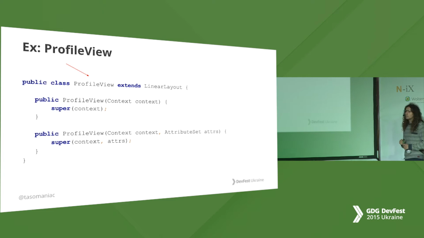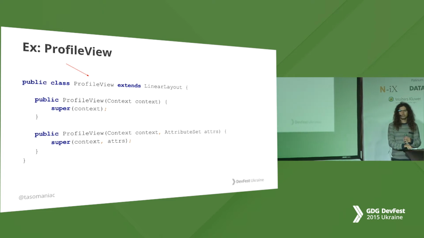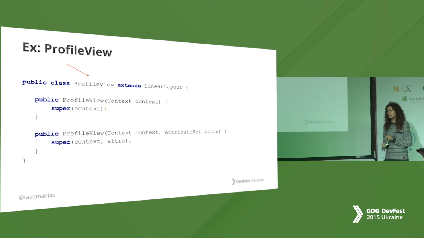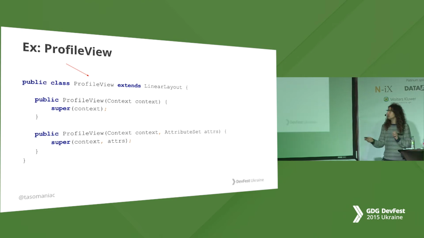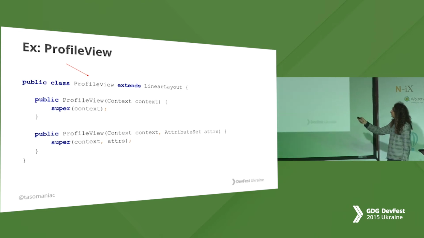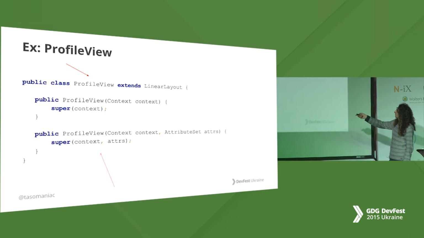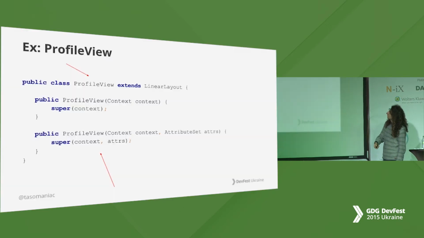And you must have constructors when you have custom views. Android Studio actually forces you to have constructors. The first constructor you should have is the default constructor with the context.